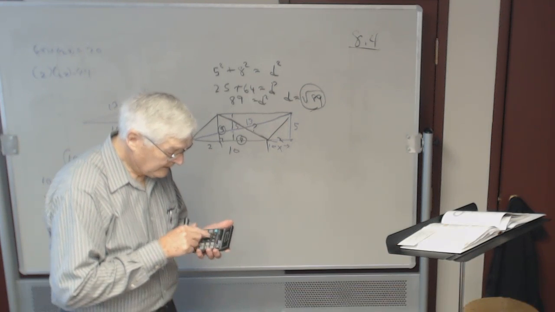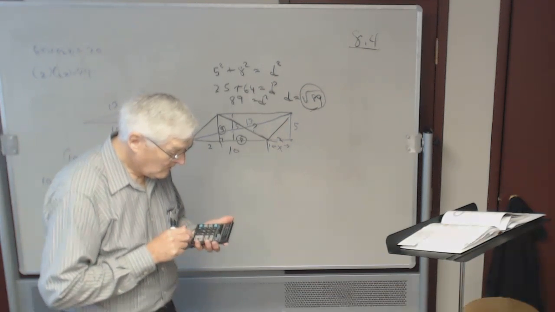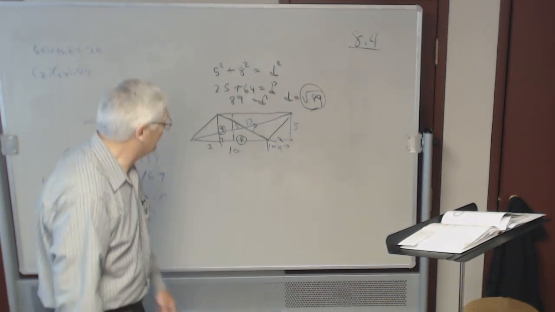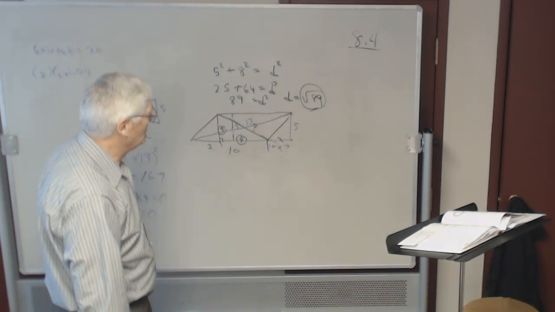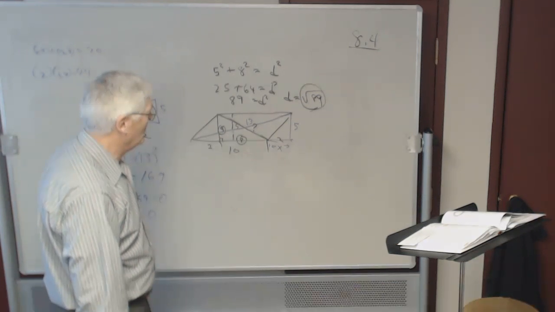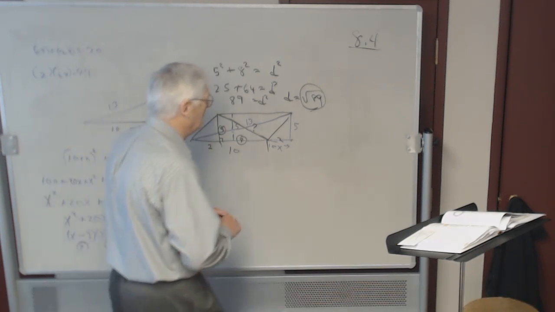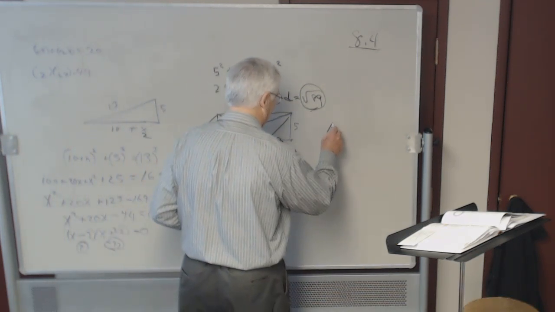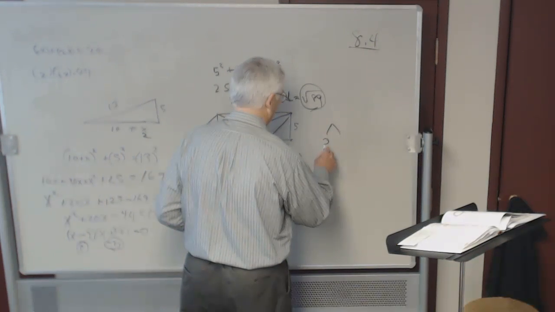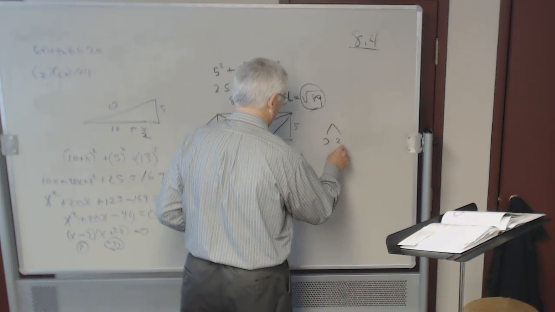Square root of 89. Doesn't come out even. What can I do with 89? 3 and 29?